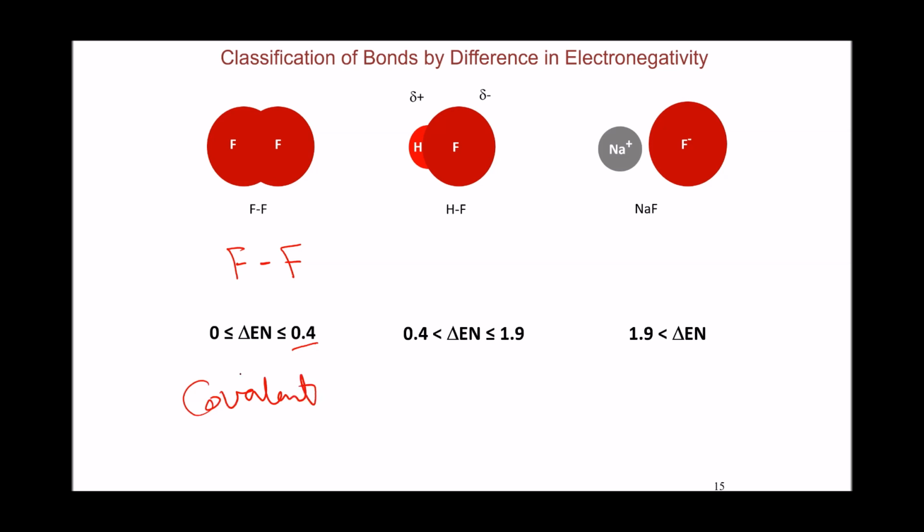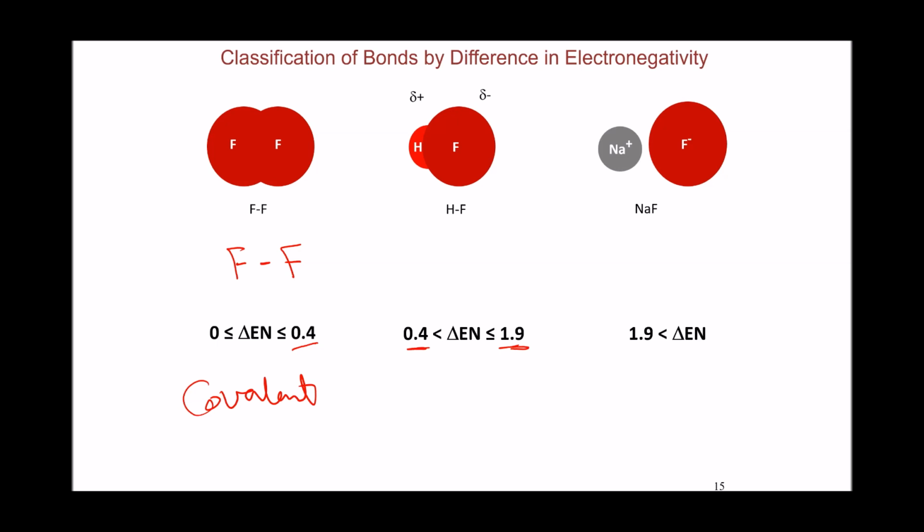Okay? But if the difference in electronegativity is kind of significant, but still not enough for a complete transfer of the electron, or in numbers, if the difference in electronegativity is between 0.4 and 1.9, the electrons will be shared, but not equally.